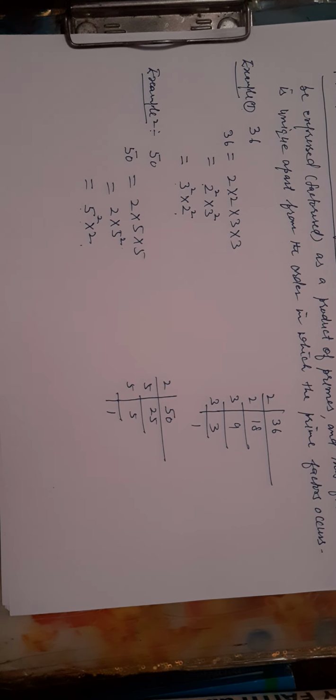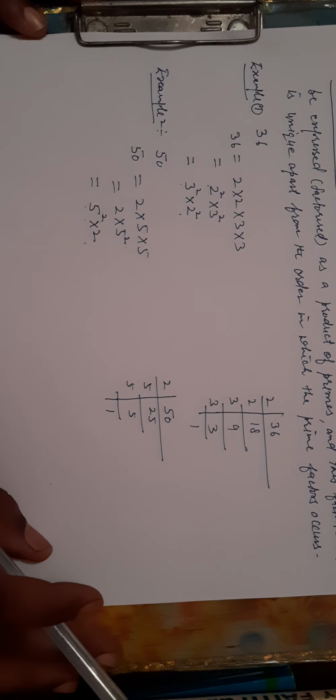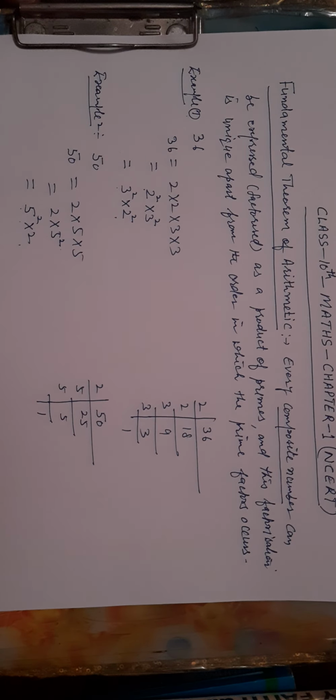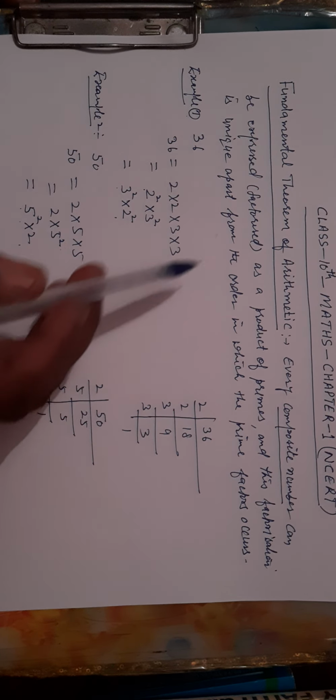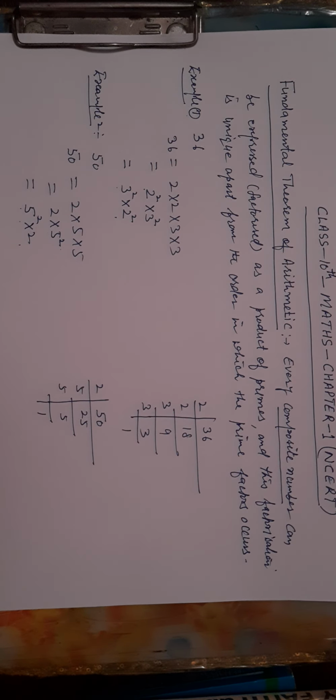So this is the definition of the fundamental theorem of arithmetic. I hope this definition is very clear to you, that every composite number can be expressed as a product of prime factors, and this factorization is unique apart from the order in which the prime factors occur.